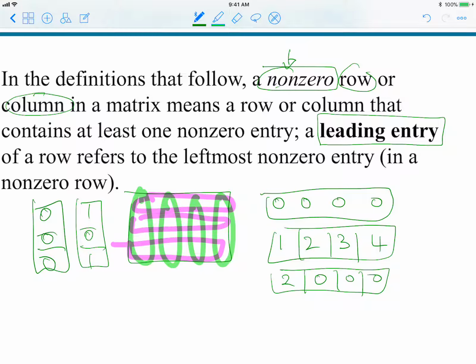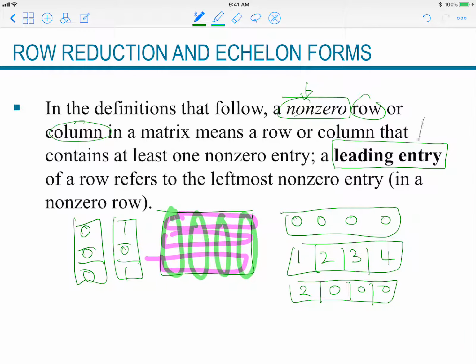But when talking about the leading entry, we only consider rows. We consider a non-zero row, and then pick the first non-zero element, looking from the left and moving to the right. That is called the leading entry of a row.